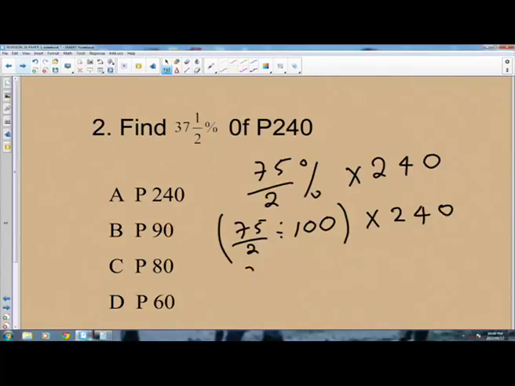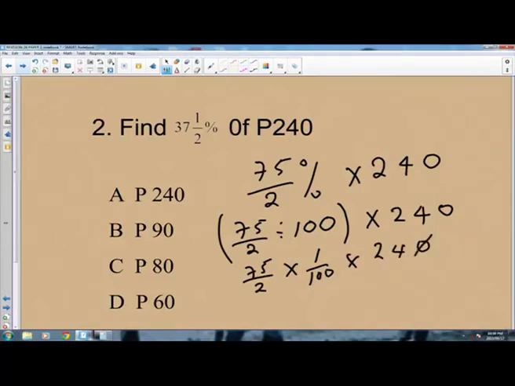This will be 75 divided by 2 times 1 over 100. Because when you divide, you invert the number that you are dividing with, and then you multiply immediately at that stage. So this will be 75 over 2 times 1 over 100 times 240.